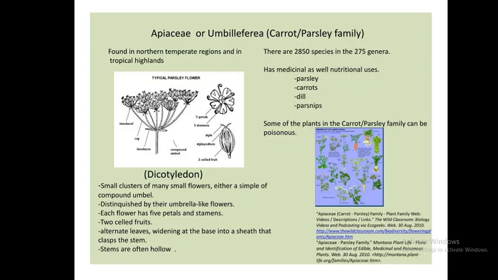Now the flower. In this family the flowers are bracteate, complete, regular, but in Coriandrum the peripheral flowers are zygomorphic, bisexual, rarely unisexual or polygamous, pentamerous and epigynous.